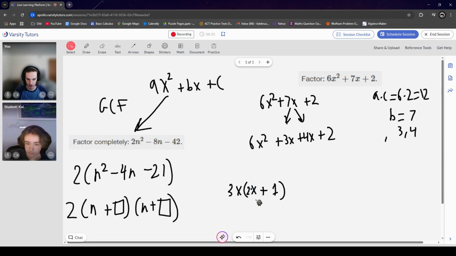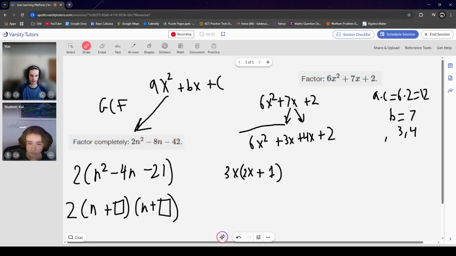There we go. Okay. So this is the first part. So that's what this becomes. So now let's do it for this one. The twos. And is that all? That's what it looks like.